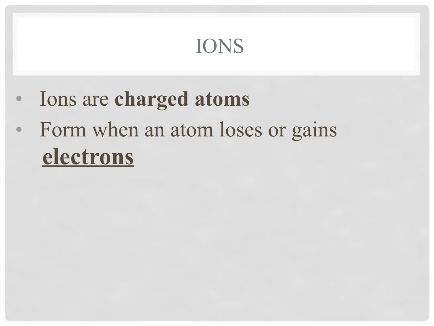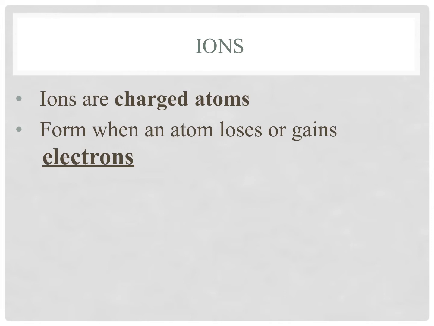Why would they gain or lose electrons? Because they want the maximum valence electrons in the outer shell. Good. It's to fill up the valence shell. How many electrons do most atoms want in that outer shell? 8.